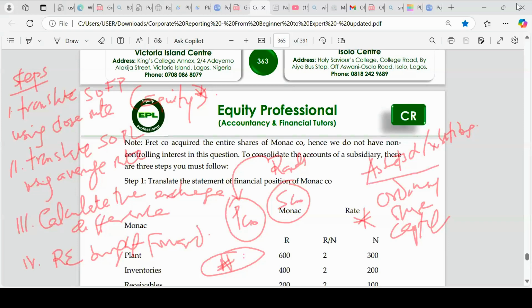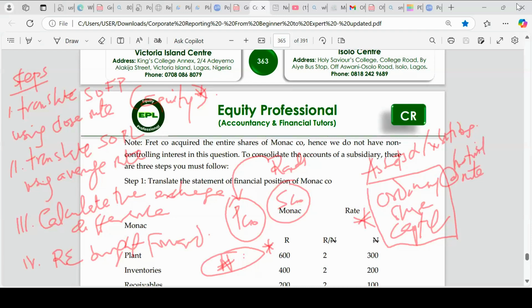If I now translate this ordinary share capital of the subsidiary using the current rate, there's going to be a mismatch between what the parent company records as their investment in ESCO and the ordinary share capital of ESCO in Naira. So what do we do? We translate this at historical rates.